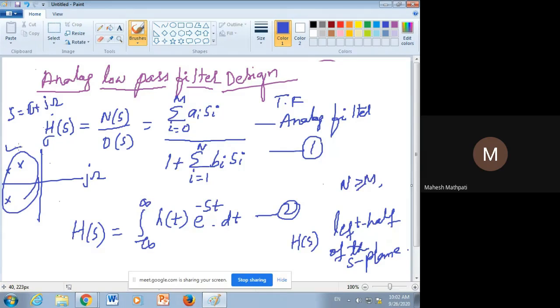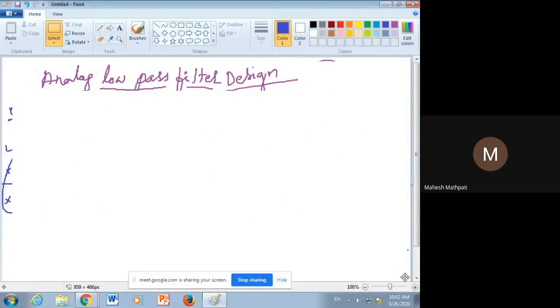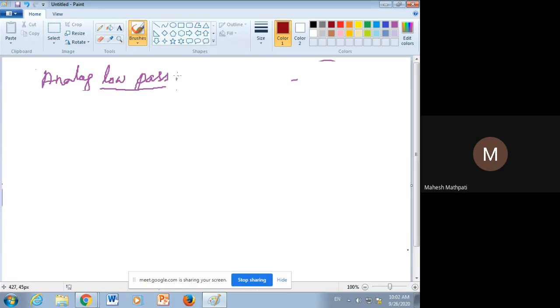Next, you just write: analog low pass Butterworth filter.